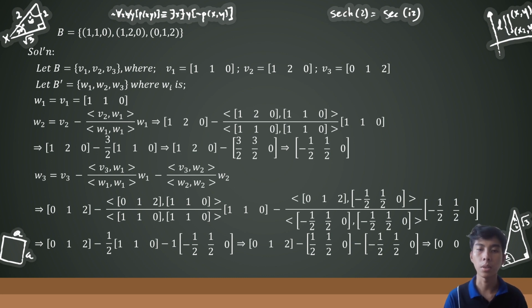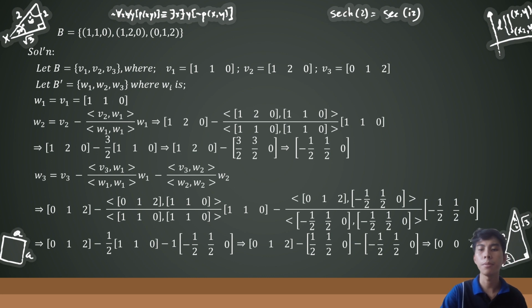We just simply subtract the first element in each vector, then the second element of each vector to get the second element of our w sub 3, and the third element of each vector to get the third element of our w sub 3. So w sub 3 is equal to the vector (0, 0, 2).